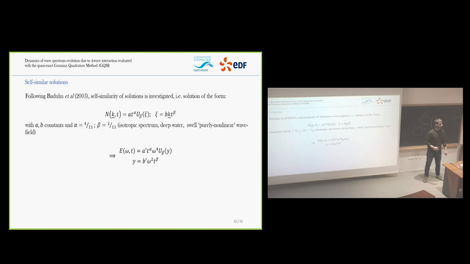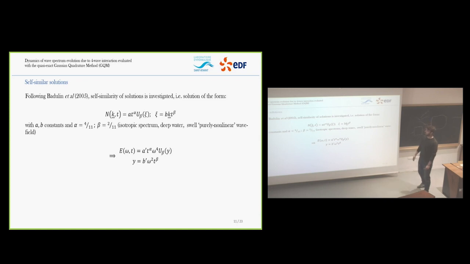Recalling the paper of Ardhuin that I mentioned earlier for the theoretical results, we wanted to investigate the self-similarity of the solution of the Hasselmann conservative kinetic equation, which are solutions that can be written in this form, where in particular we see a function u appearing that we will call a spectral shape function, that is stationary, so it doesn't vary with time.